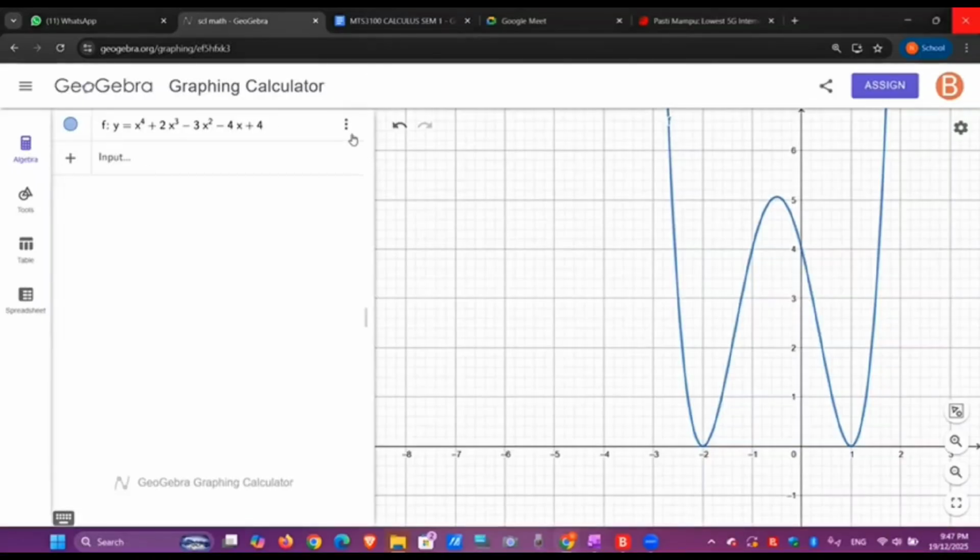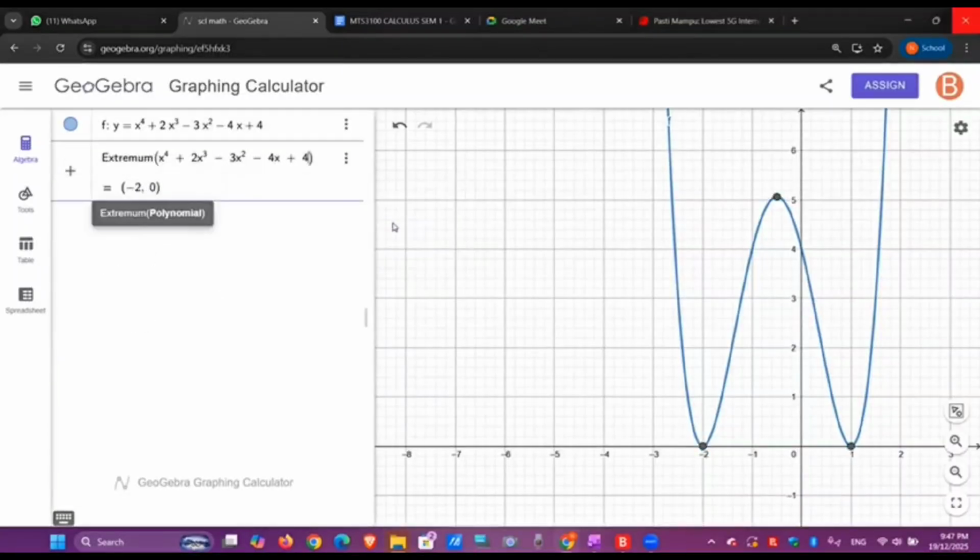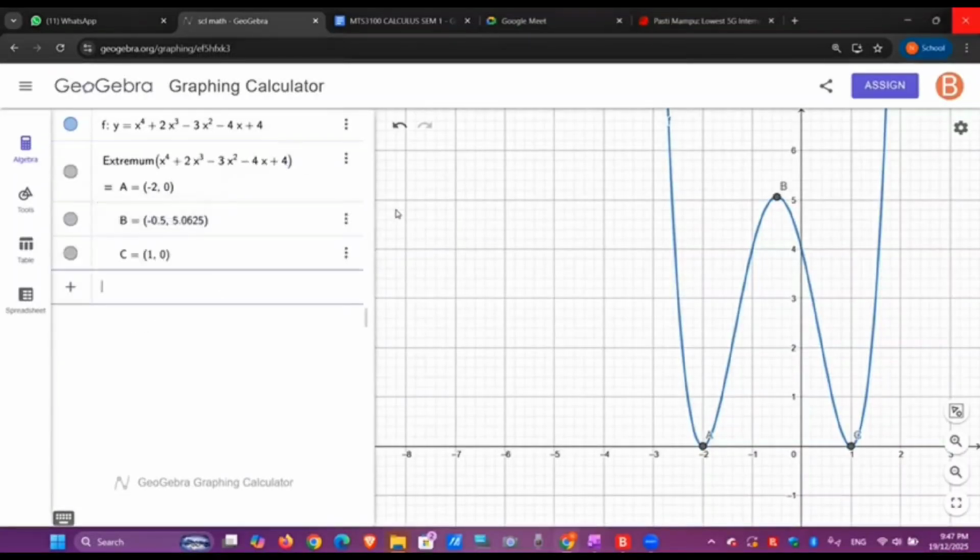After that, we have to find the extremum or the critical points. When we press enter, we get 3 critical points, which are A, (-2, 0). This is the relative minimum.